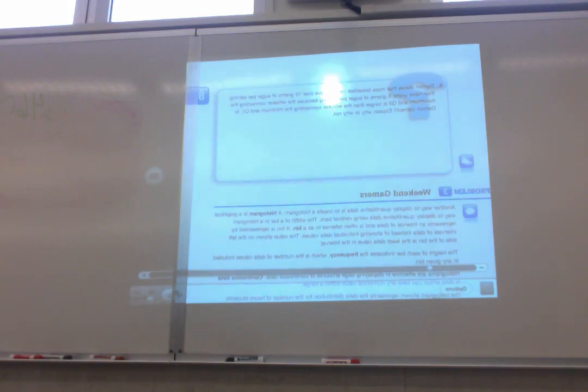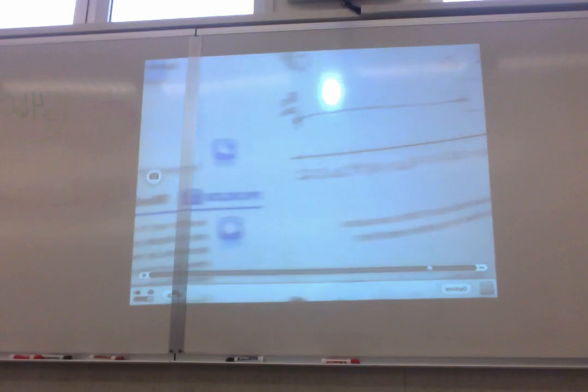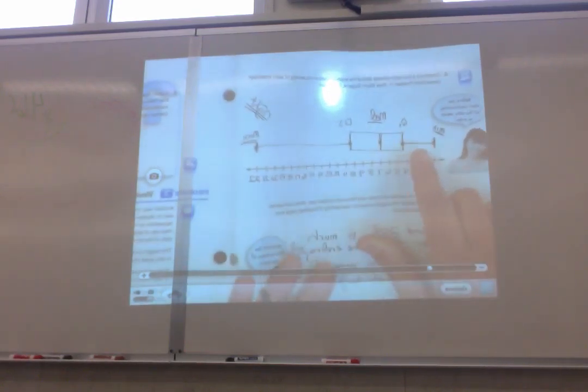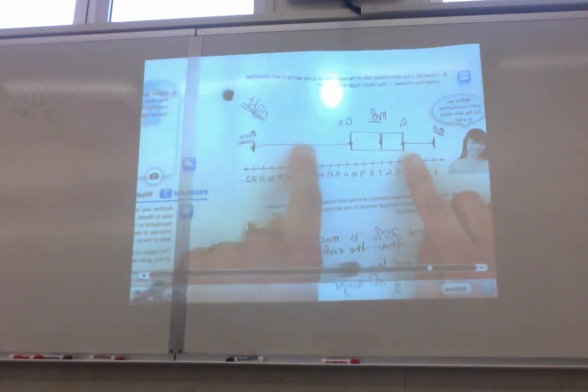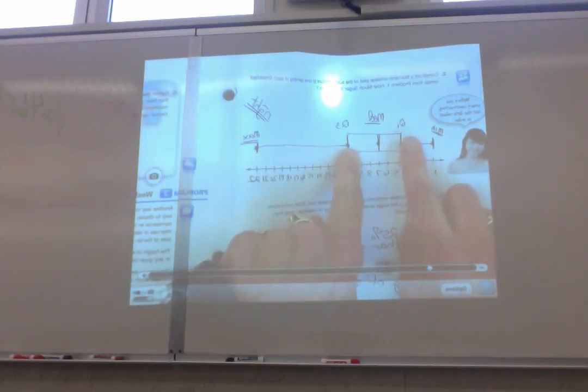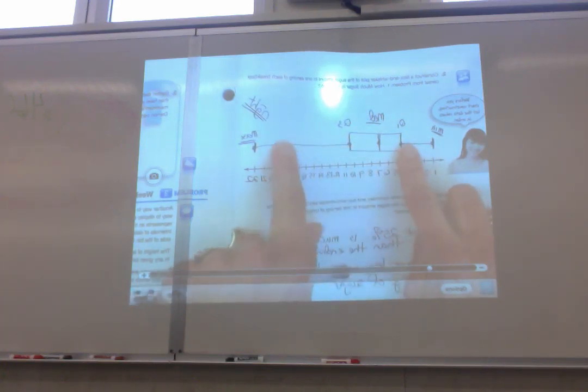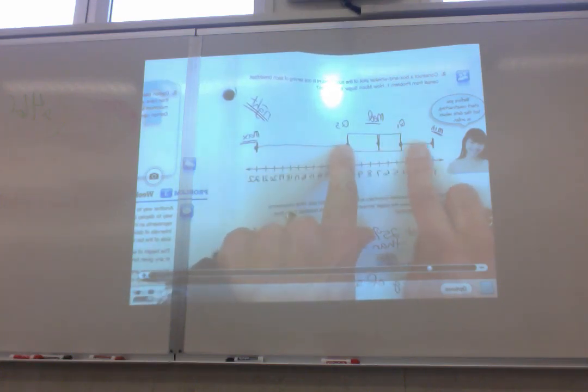Explain why or why not. Okay, so let's look at what he's talking about. He's saying more breakfast cereals have over 10 than have under 5. He's saying because this whisker is so long, more cereals have over 10 than under 5. Is he right?